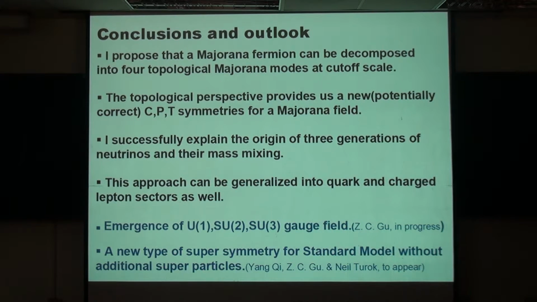But at low energy, you can have a deconfinement phase, and they can become 3 different generations. This is very normal and usually happens in condensed matter systems. At a fundamental lattice scale, you only have 1 degree of freedom, but at low energy, you can have relativistic dispersions at different momentum points. So you can have more branches.